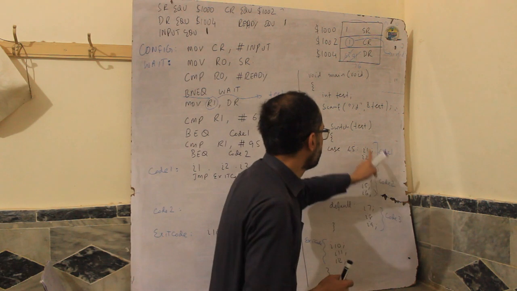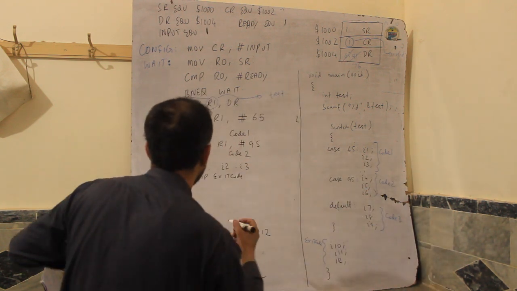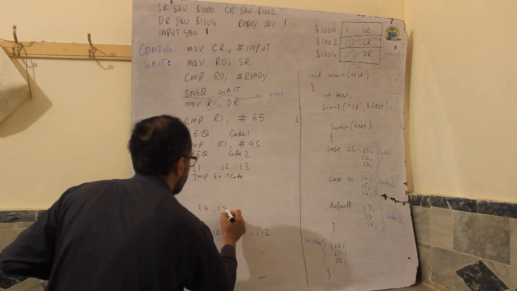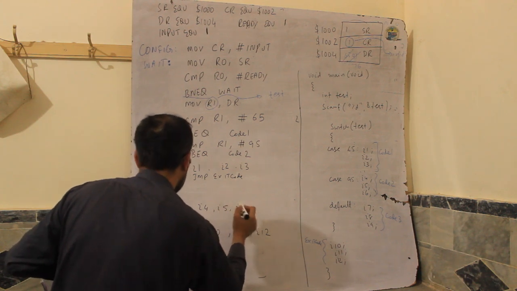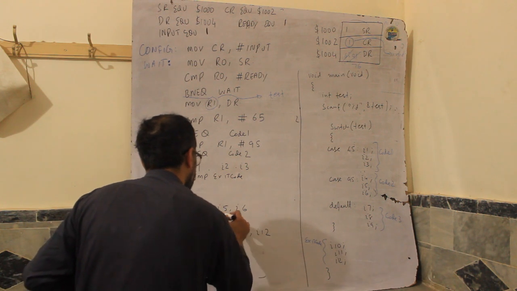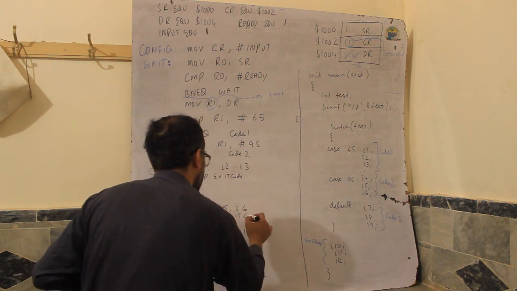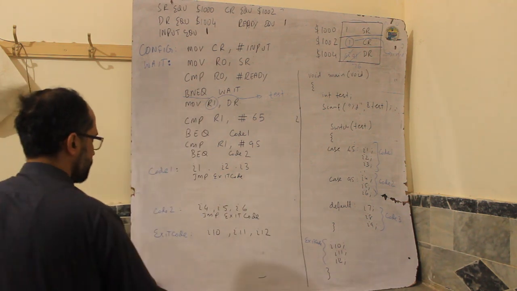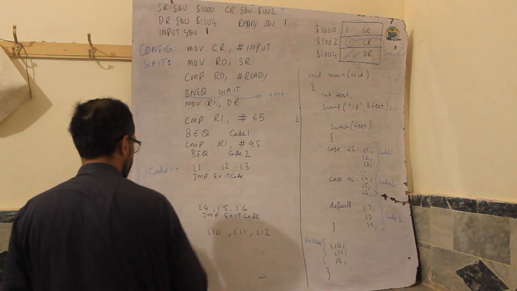If you look at code 2, which instructions will be executed? I4, I5, and I6. And then we can say jump exact code.